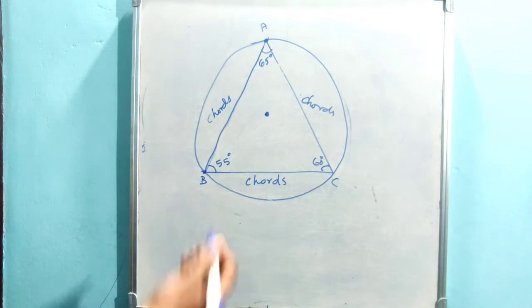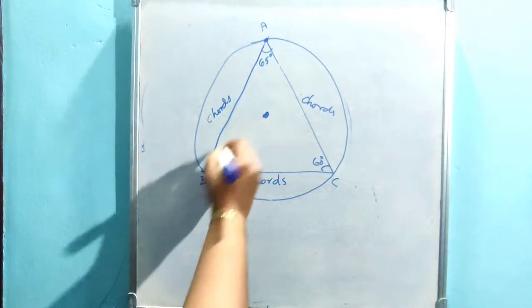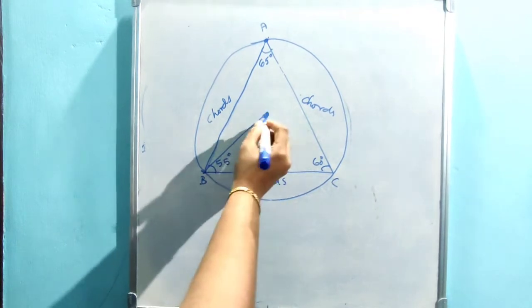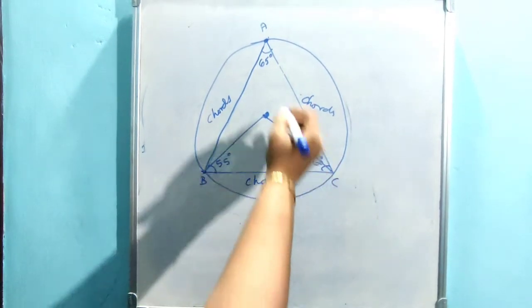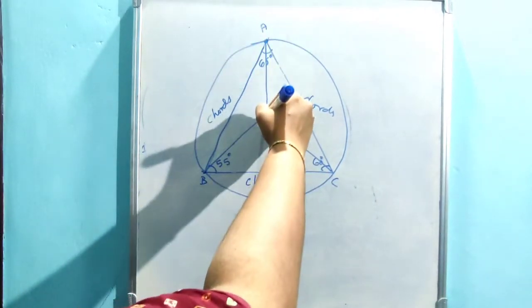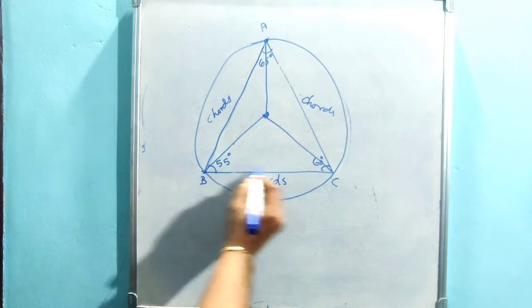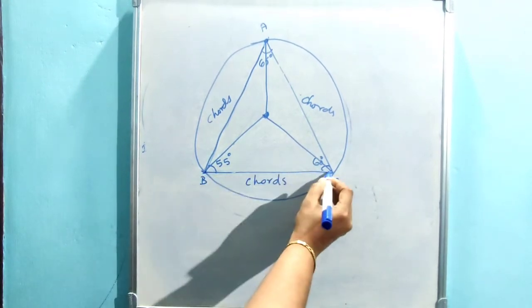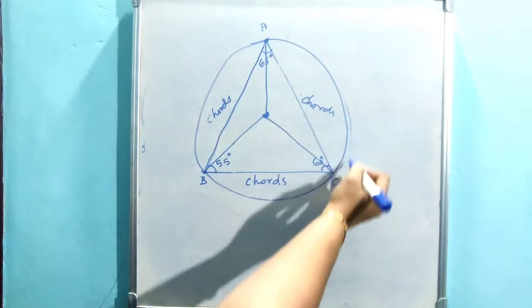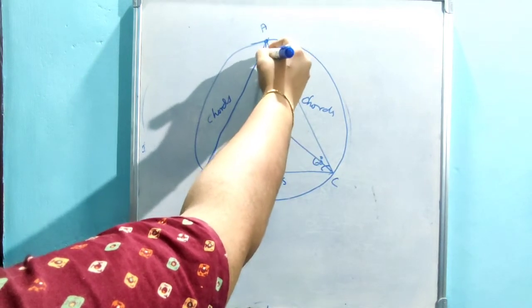Now, we find out the central angle of every chord. How do we find the central angle of every chord? Let us check. See, here we have this chord. This chord makes an angle 65 in the alternate arc.